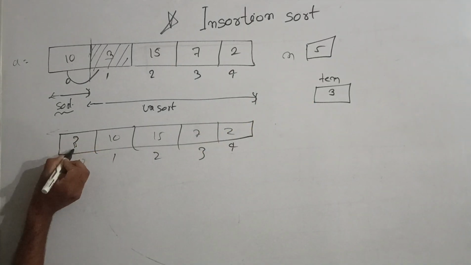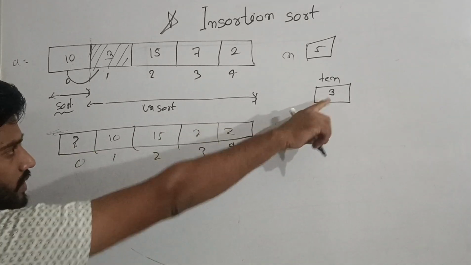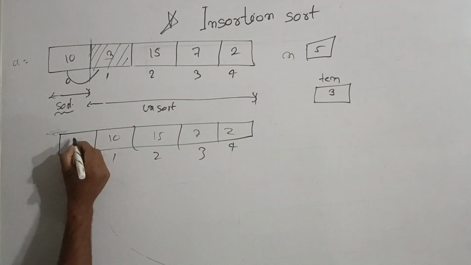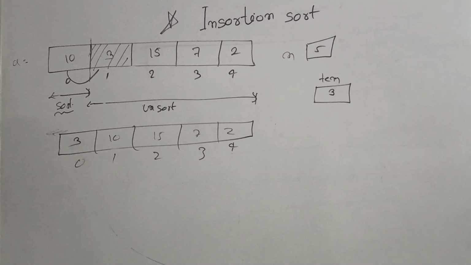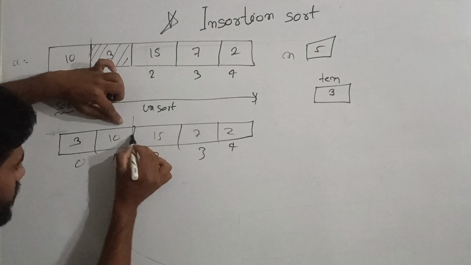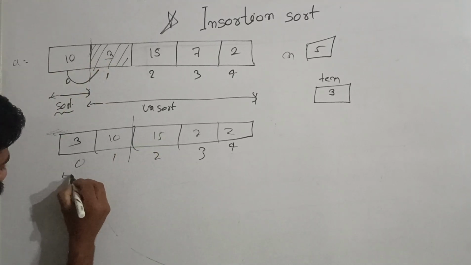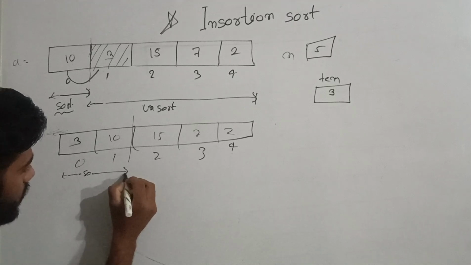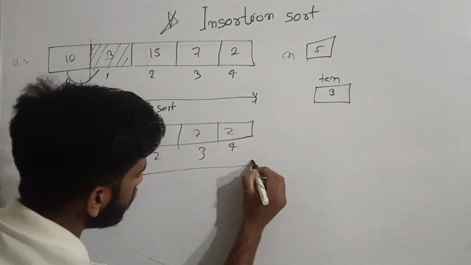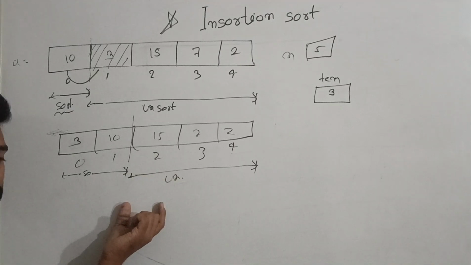Now here there is no data present, so 3 will be inserted. Now 3 and 10 are sorted data, and the rest is unsorted data.